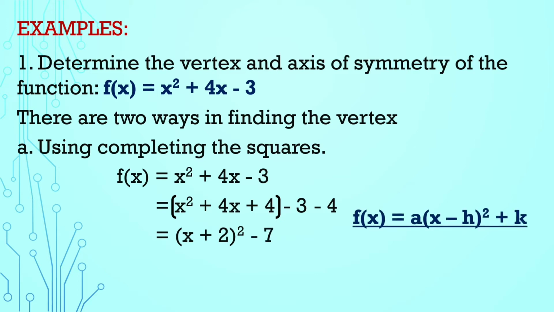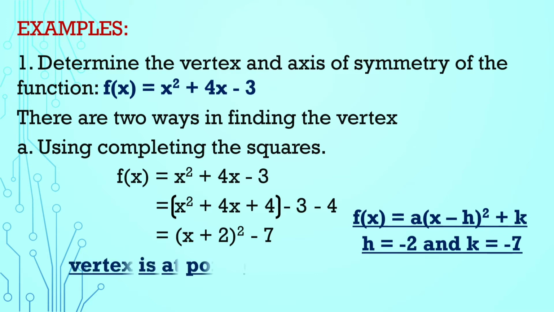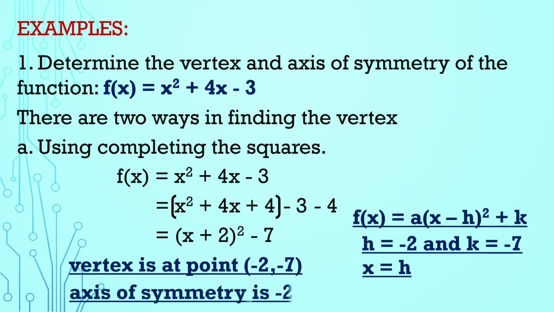So f of x equals a times quantity x minus h raised to 2 plus k. So h is equals to negative 2 and k is equals to negative 7. So the vertex of our function is at point negative 2, negative 7. Then our axis of symmetry, x equals h. So ang axis of symmetry is negative 2.